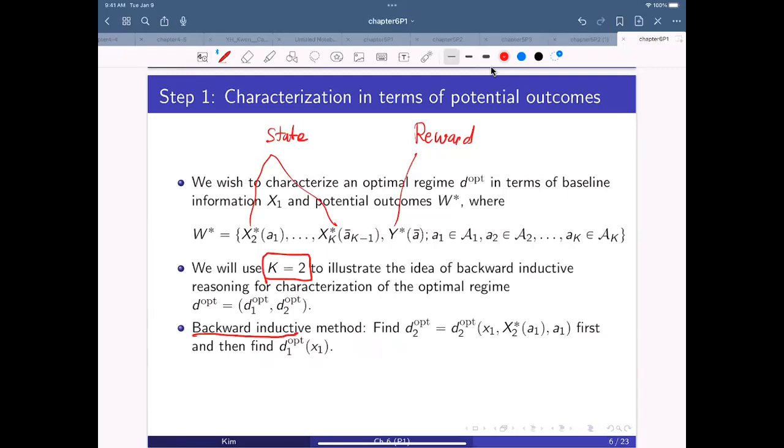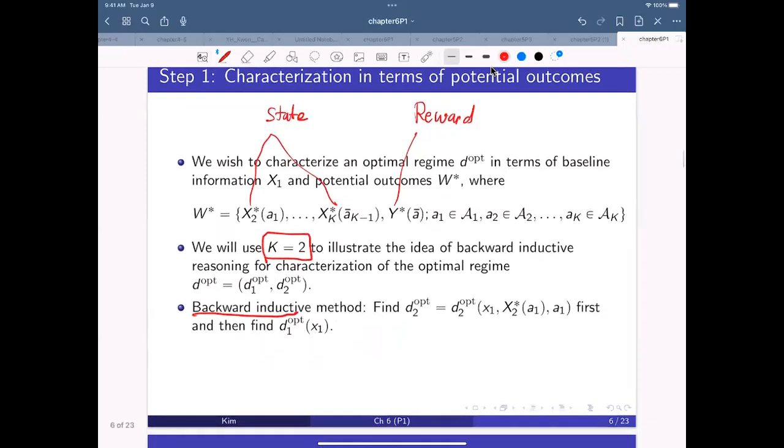So in backward induction, you first find the optimal decision at t equal 2 as a function of all the previous history. This is the history at time 2, but it is left open, so you have flexibility, and then you optimize. You can then plug this into the earlier step and find the optimal.